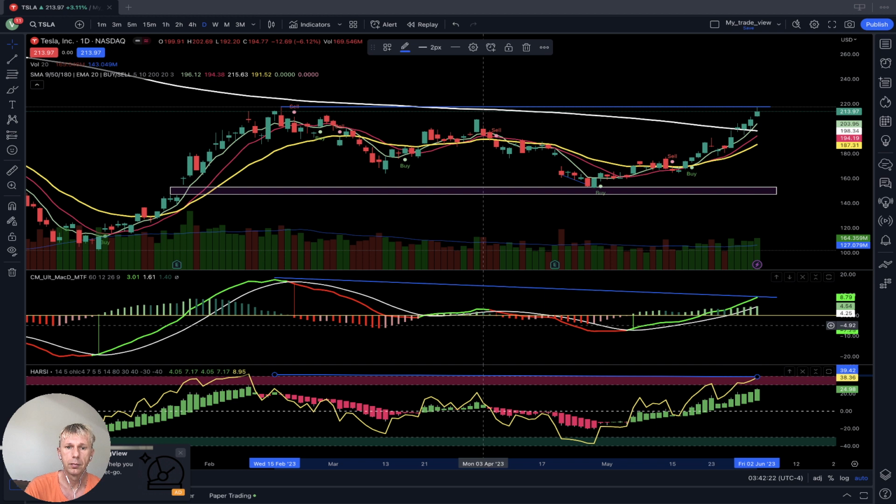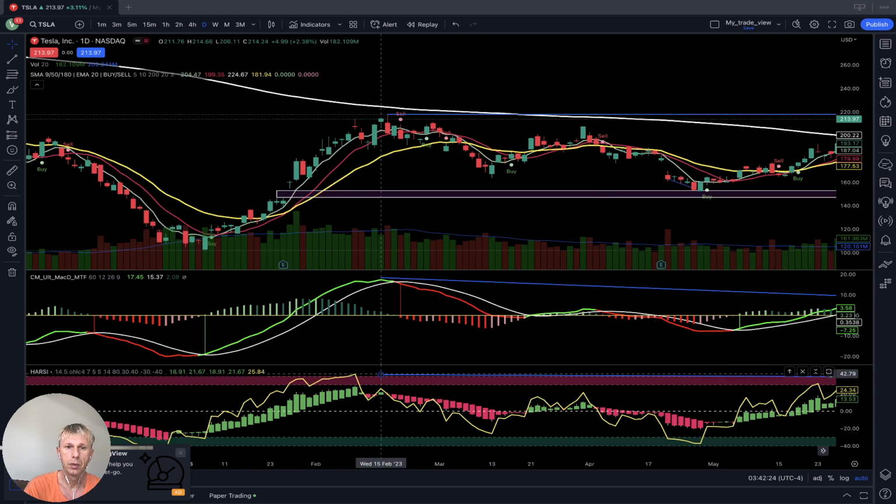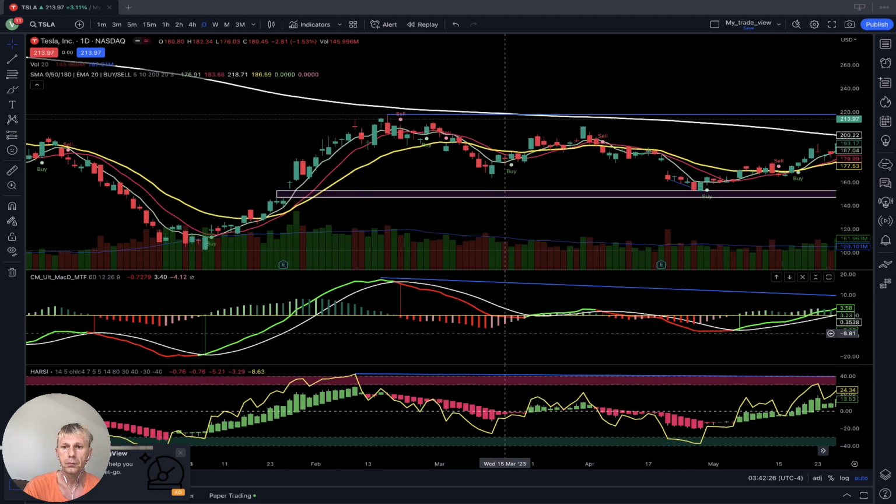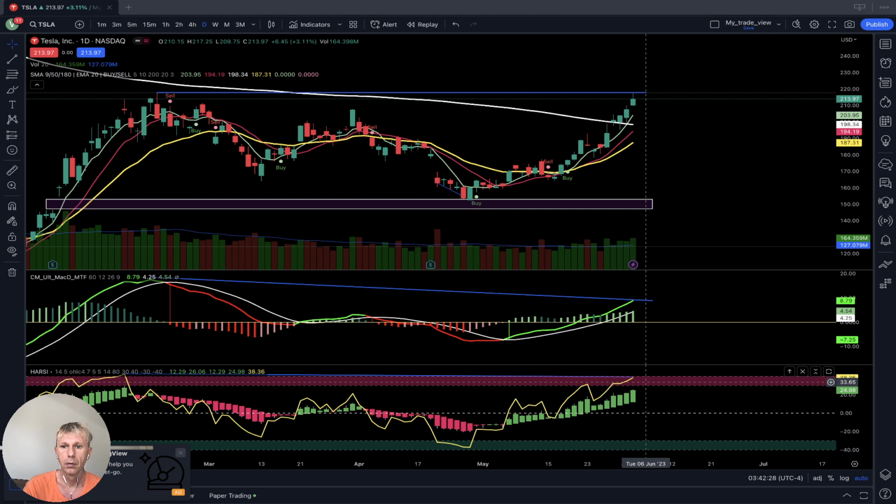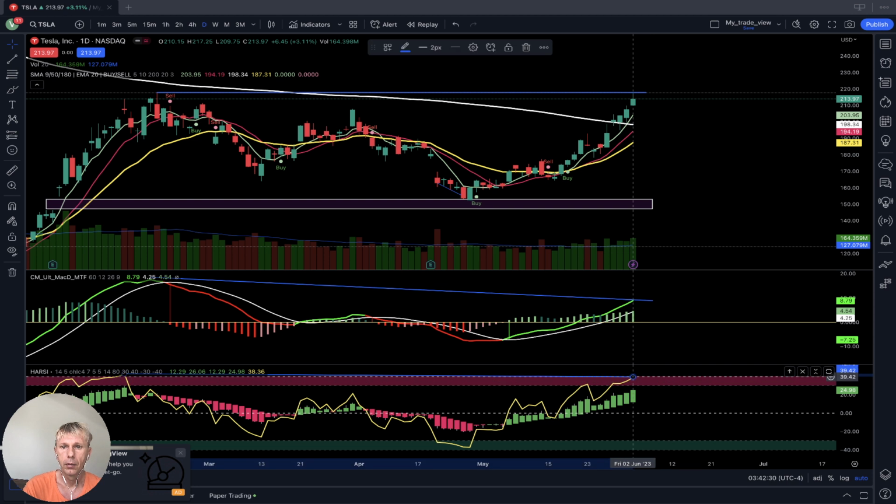RSI, let me show you. RSI bearish divergence. On MACD, very strong bearish divergence. On the RSI, it's kind of not strong, but it is divergent.